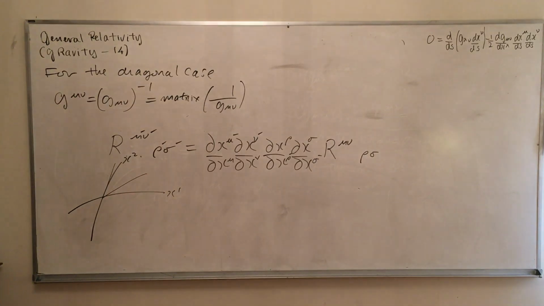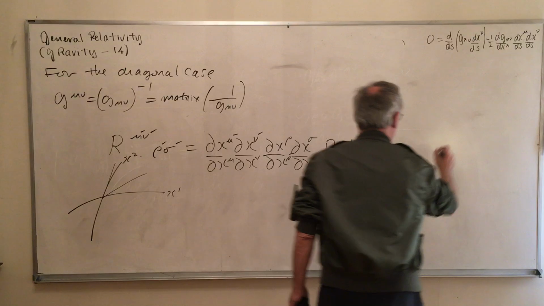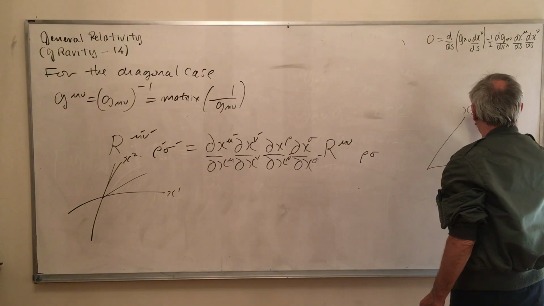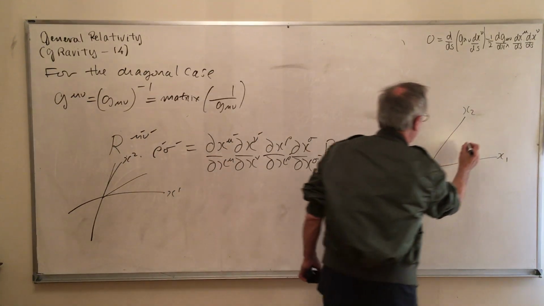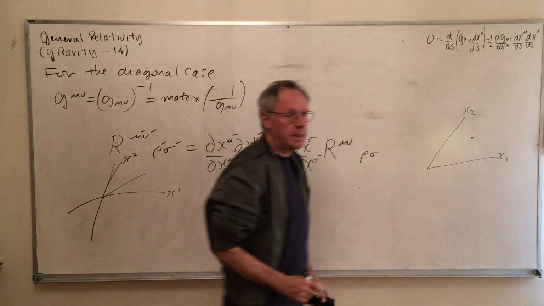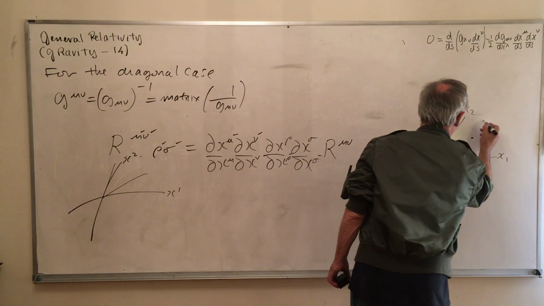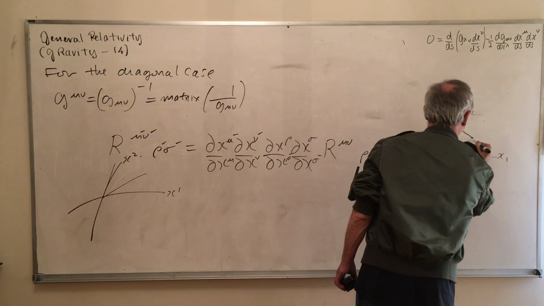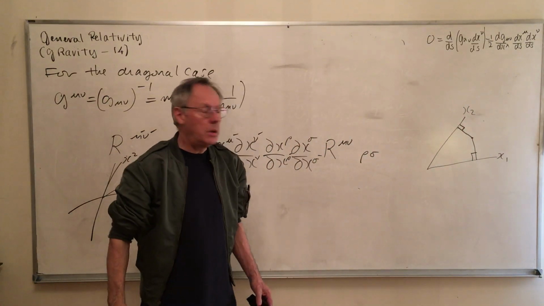We'll take the tangents. Let's look at this. These two straight, locally Cartesian. We'll take a point here. We said this before. That's how covariant components get measured.